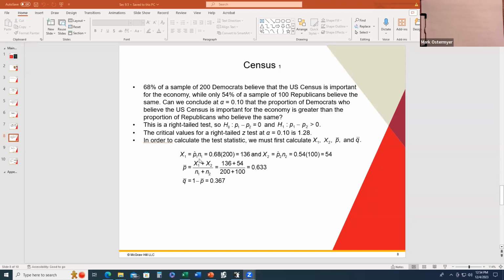This is x sub 1, x sub 2. So notice that they are computing x sub 1 and x sub 2, putting it in to find p bar here, and then q bar is 1 minus that.